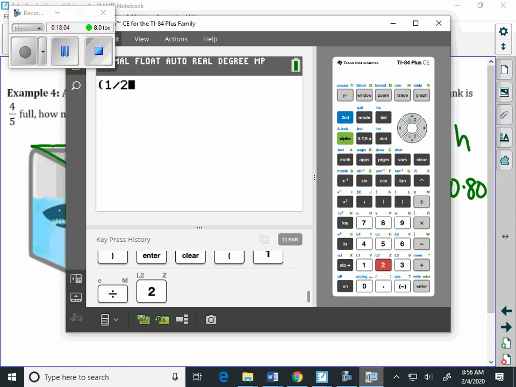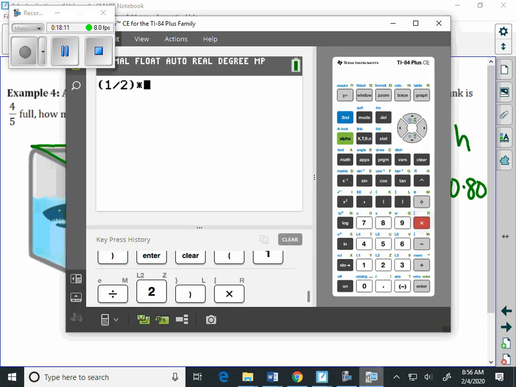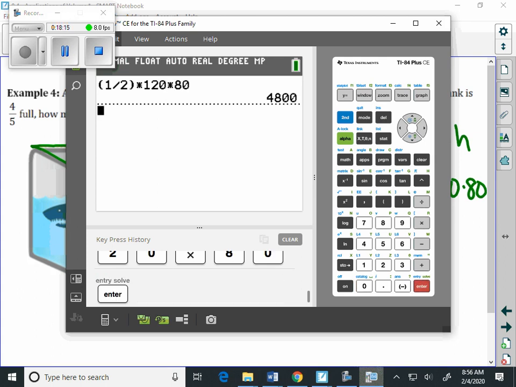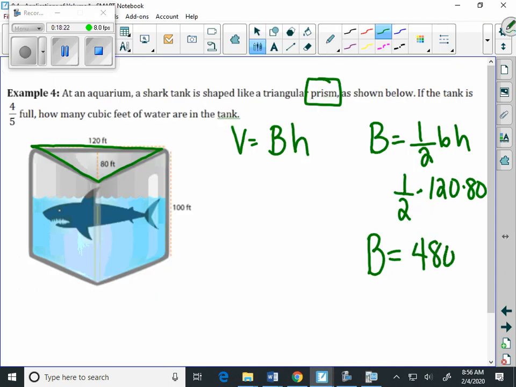It's 1 divided by 2, and maybe you use 0.5, which is what I frequently use, times 120 times 80. And we get 4,800 square feet for that.